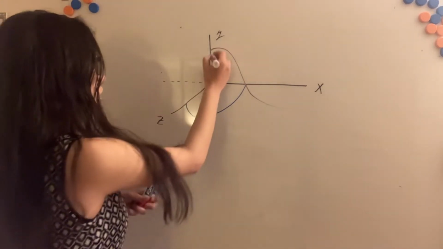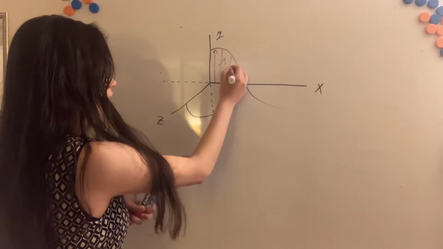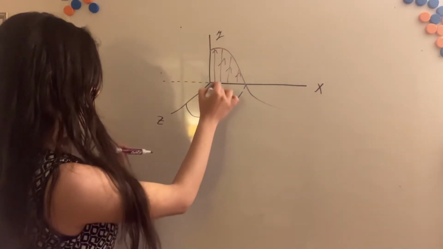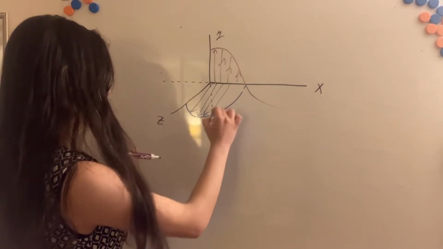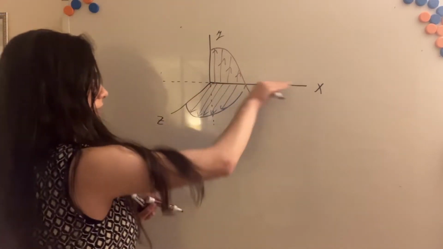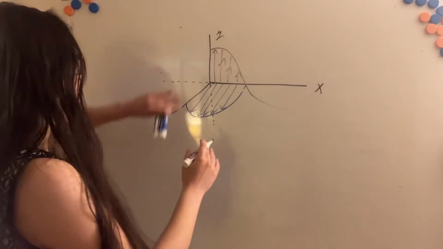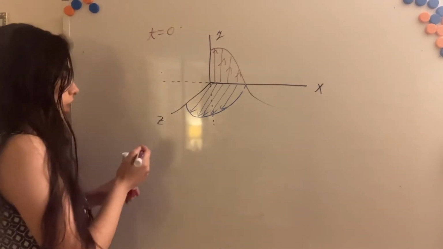So this is the electric field, and this is the magnetic field, like this. So the propagation is in the x direction. Let's say that this is a picture at the time t equals 0.